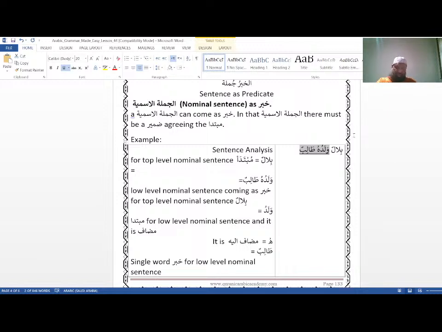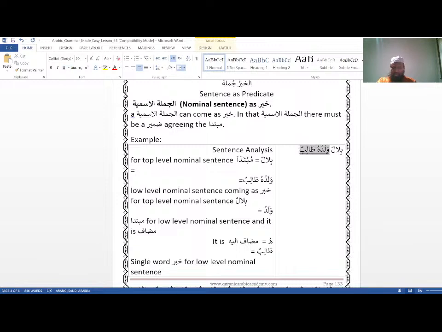Remember, a jumla is considered nakira. Once it forms a jumla, it automatically becomes nakira. So there you go, the rule we applied. I hope you're understanding.